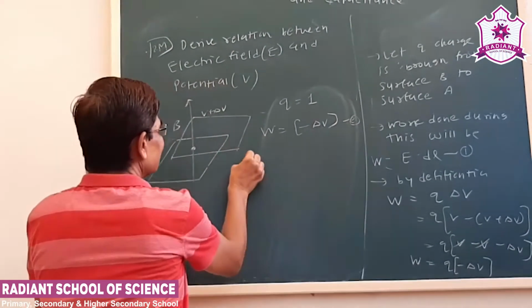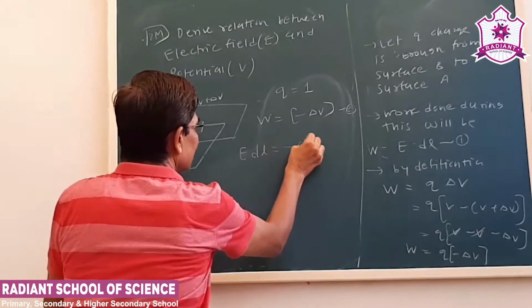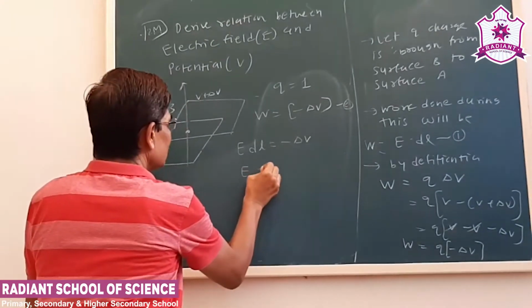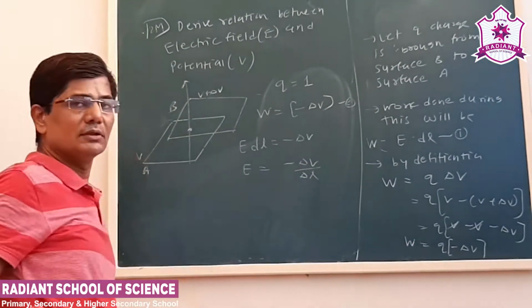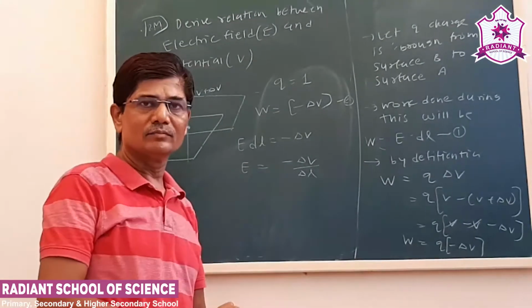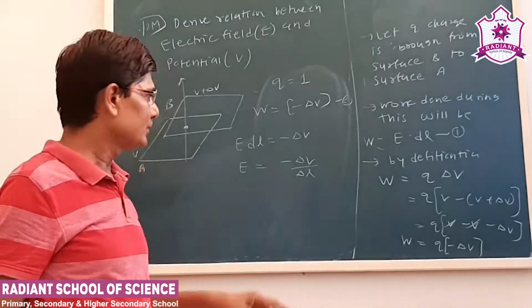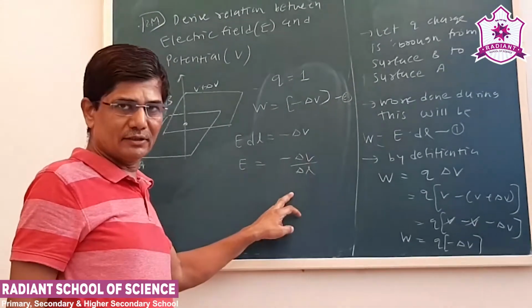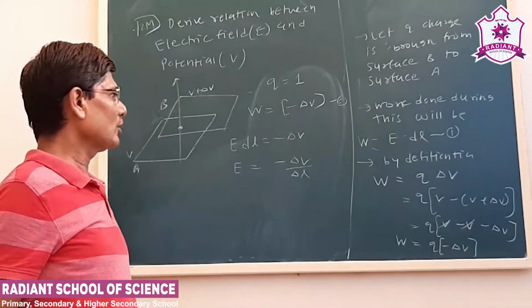So E into dl is minus delta V, or E is equal to minus delta V by dl. This is how we can write. The electric field at any point is nothing but the rate of change of potential with distance.